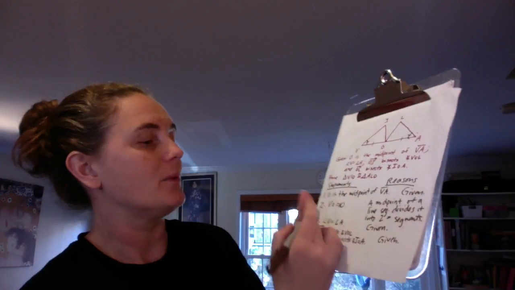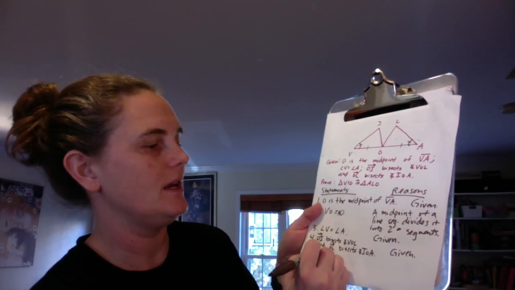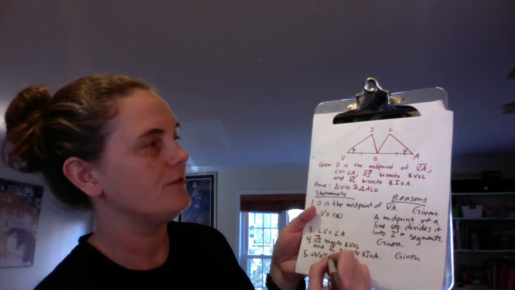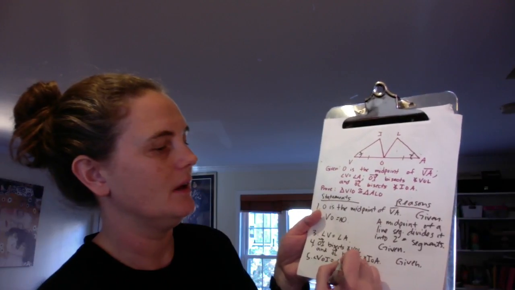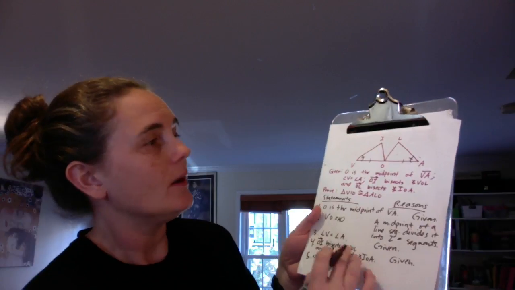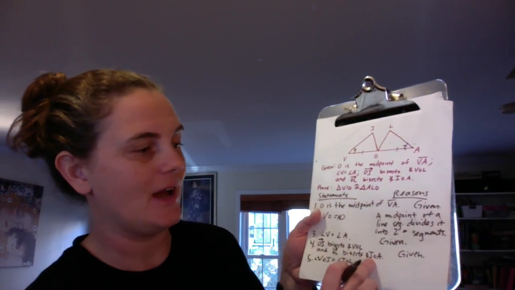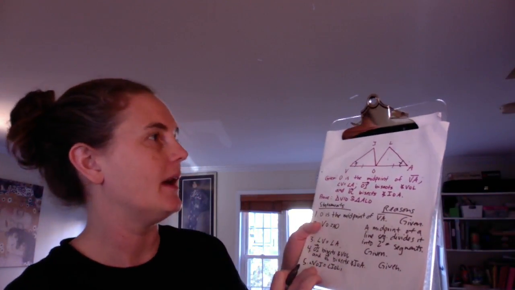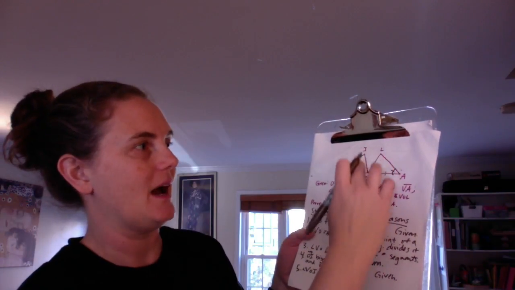And we'll also do the measure of VOI is equal to the measure of IOL. We're going to do the same thing with the other one, that OL bisects IOA. We can do these at the same time. OL bisects IOA.